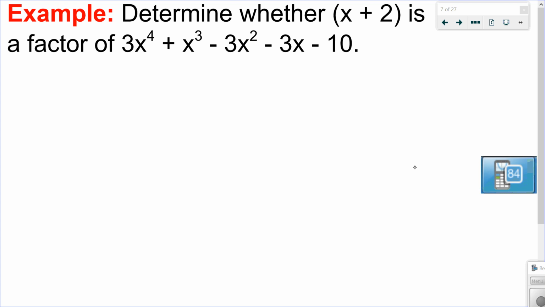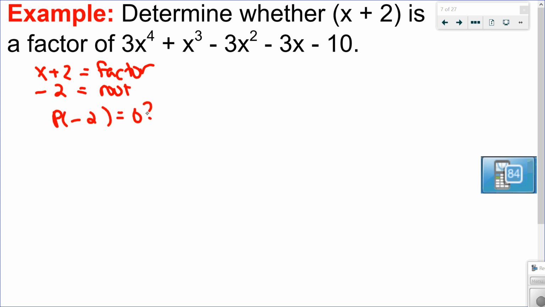So let's try this question here. I want to determine if x plus 2 is a factor of this polynomial. So if x plus 2 is the factor, then negative 2 is the root. So I want to know, does the value of the polynomial at negative 2 equal 0?